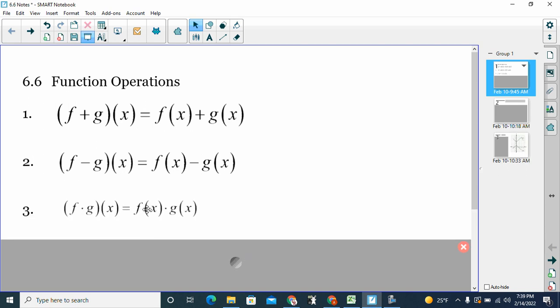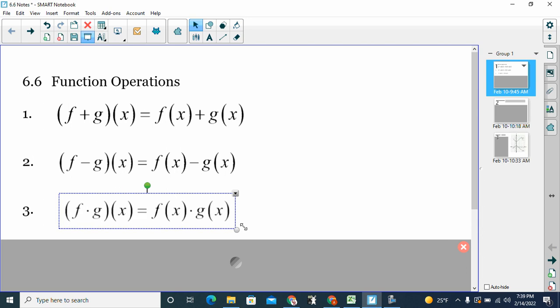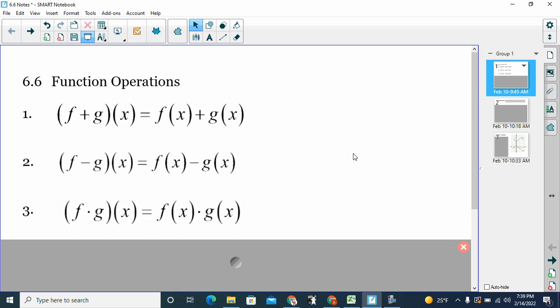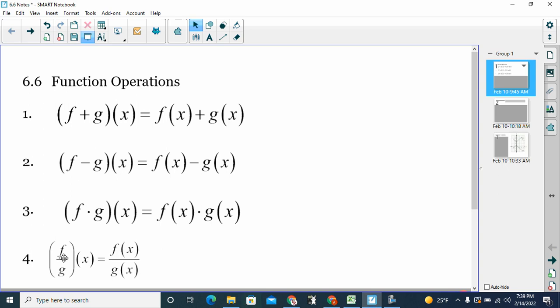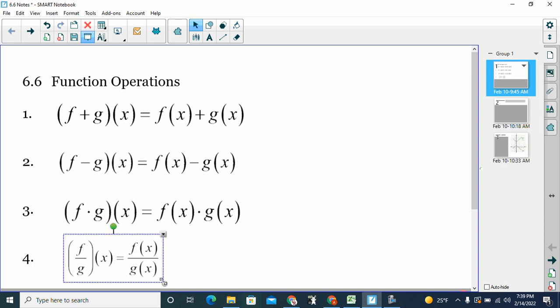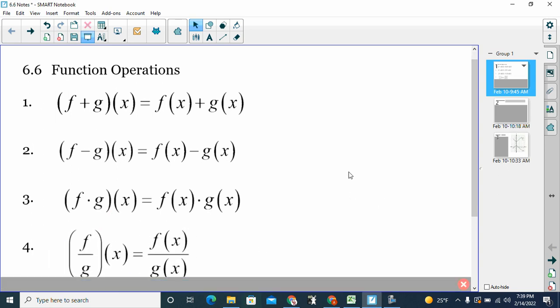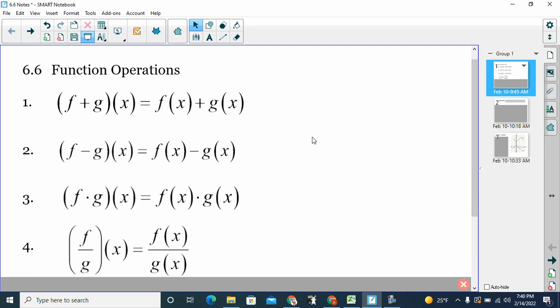If we're multiplying, f times g of x, we're just going to take f of x and multiply it times g of x. Or if we divide, we will take f of x and divide by g of x. So all of these you're very familiar with.